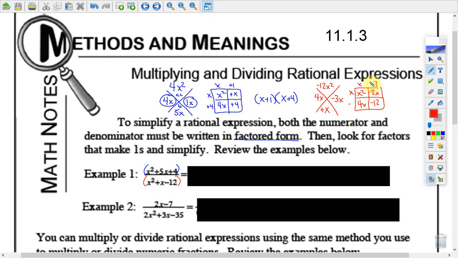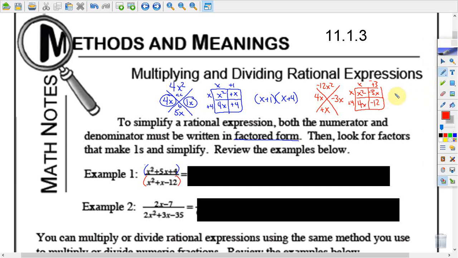Should be minus 3 and plus 4. So then this factors to x minus 3 times x plus 4.